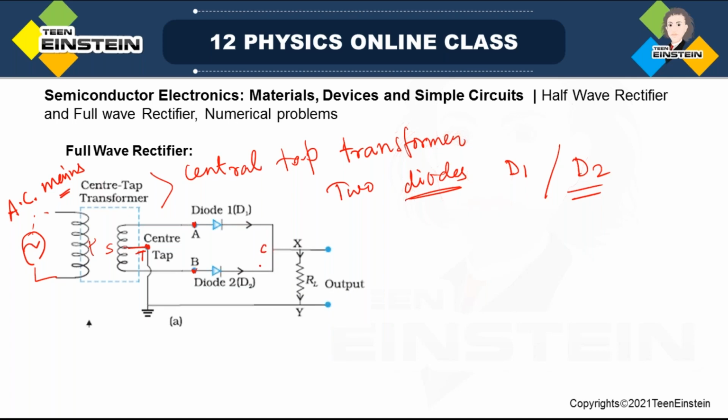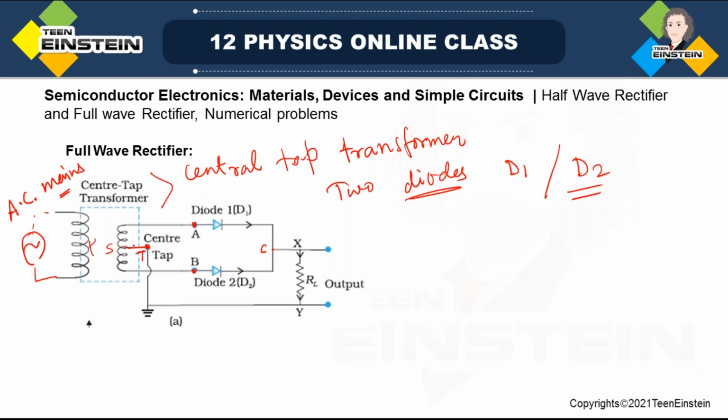Let us say this is the common point, because the N side of the D2 diode also is connected to this common terminal. So that's why we call this point common. Okay, but P of D1 is connected to A and the P side of D2 is connected to B. Okay, so far it is okay.